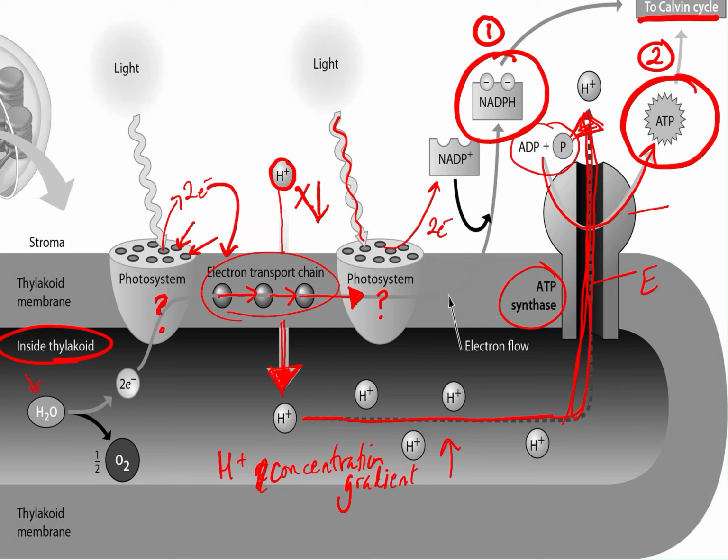They come from splitting water. When water is split, it splits into oxygen, electrons, and also H pluses. The H pluses just get absorbed in the H plus gradient. So these 2 electrons go to refill the electrons in the chlorophyll A in the first photosystem.